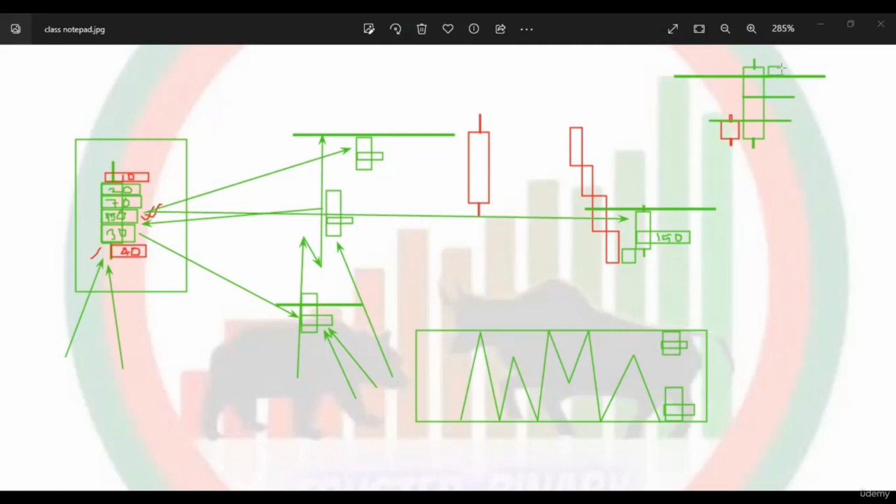Most of the time, it comes back to that first area, and then the market goes up. Why? Because this is the seller's area first, then now it's a buyer's area because the market is above. But why is this very important? Because this is the very closer SNR or closer support level for this candle.